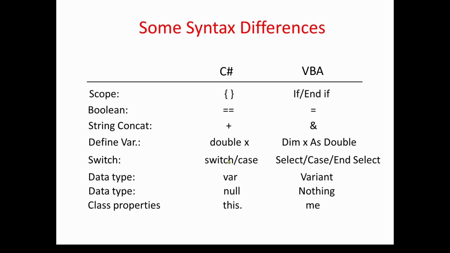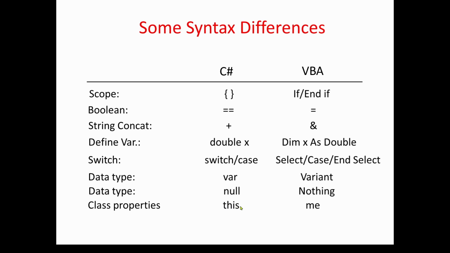Switch statements. In C# you have a switch case. Not in VBA, you have a Select Case and End Select to define the scope. Data type var in C#, not in VBA, it's Variant. You type out Variant. A null in C# is Nothing in VBA. Class properties, and yes, they do have classes and objects.